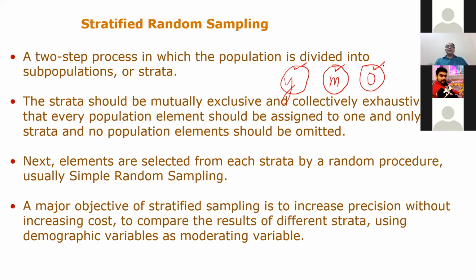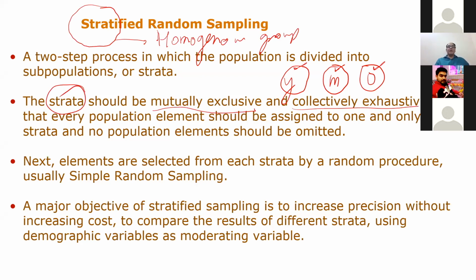The word stratified comes from strata, and strata means homogeneous subgroup. So it is called a homogeneous group. Okay, so strata should be mutually exclusive and collectively exhaustive, and there is some homogeneity in the strata.